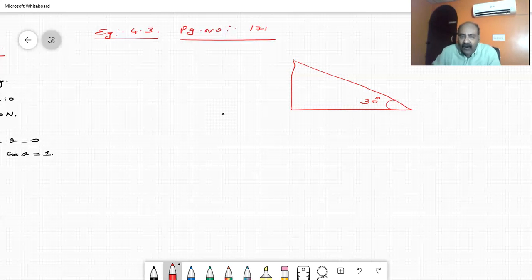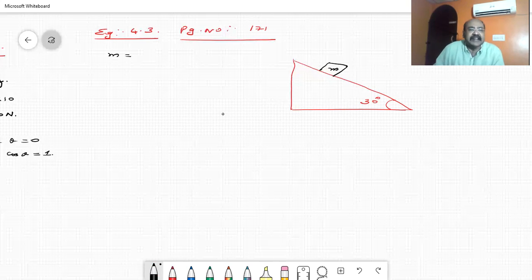Now on this inclined plane, an object is placed. That object has a mass m, and the mass of the object m is given as 1 kilogram. The length of the inclined plane is considered to be 10 meters.